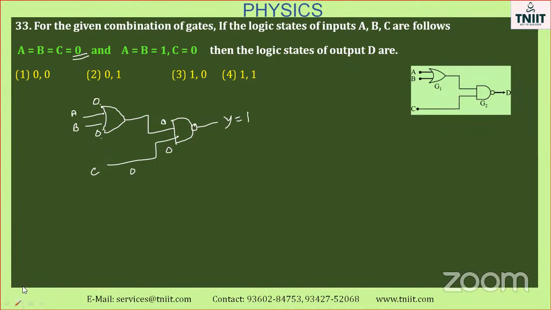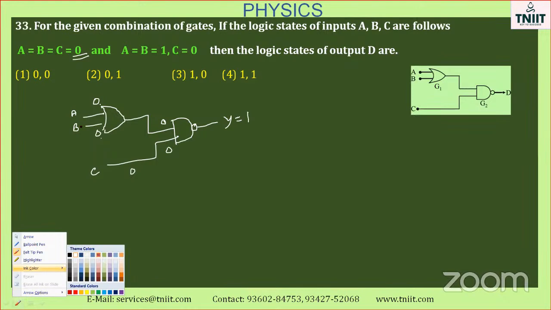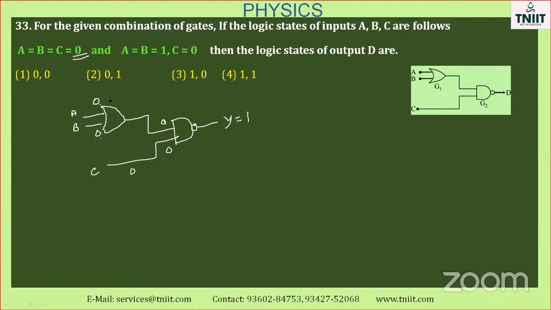This is the first case. What about the second case? In the second case, A and B are 1, 1. C is still 0. 1 plus 1 will be 1. 1 into 0 bar is 1. In the second case also, the output will be 1. Option 4.